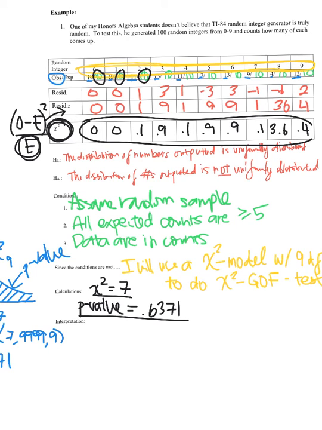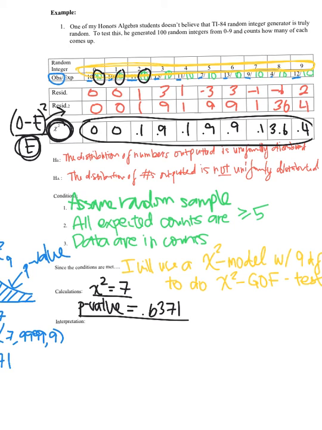So for observed L1, we're going to put 10, 10, 11, 13, 11, 7, 13, 9, 4, and 12. And then move over to L2 and just put 10 all the way down, 10 times. All right, so your L1 and L2 should have the same number of items in them.